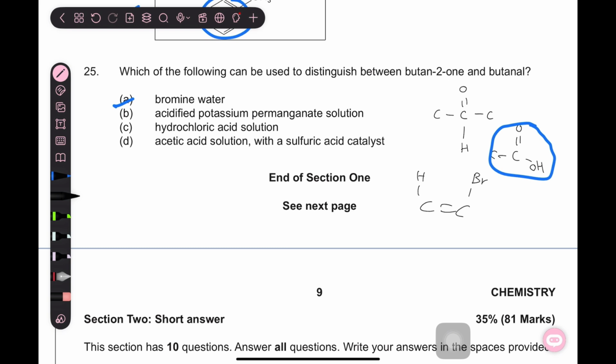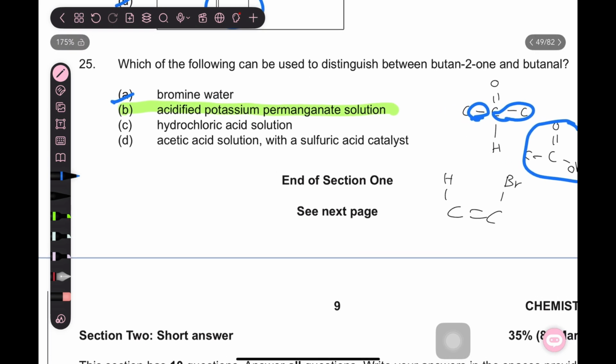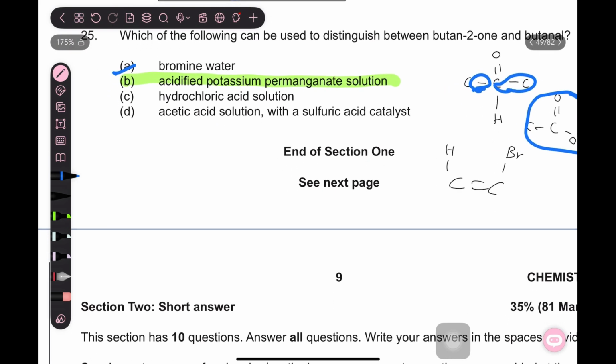Whereas with the ketone, it can't become a carboxylic acid because it has a carbon-carbon bond here and a carbon-carbon bond here. So that's why the answer is B. Now the last two are also incorrect, which we've already determined anyway because we know that B is the answer.